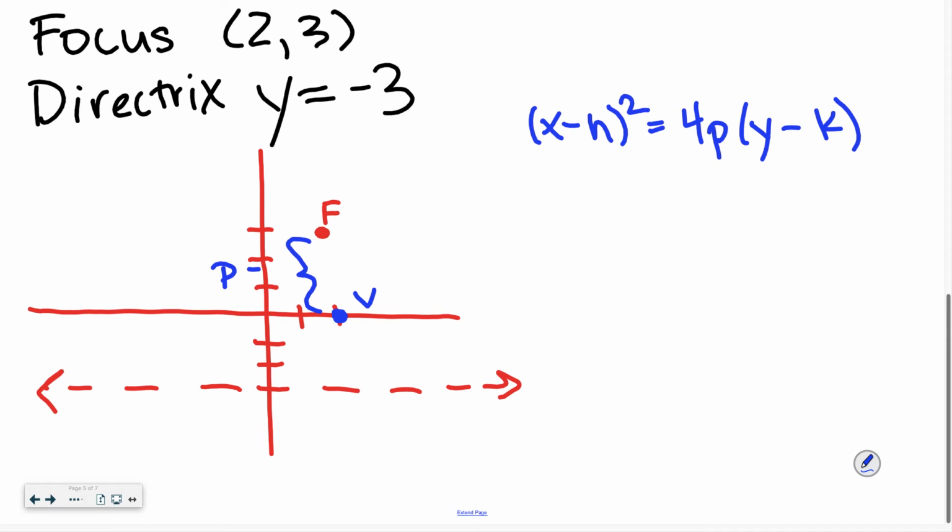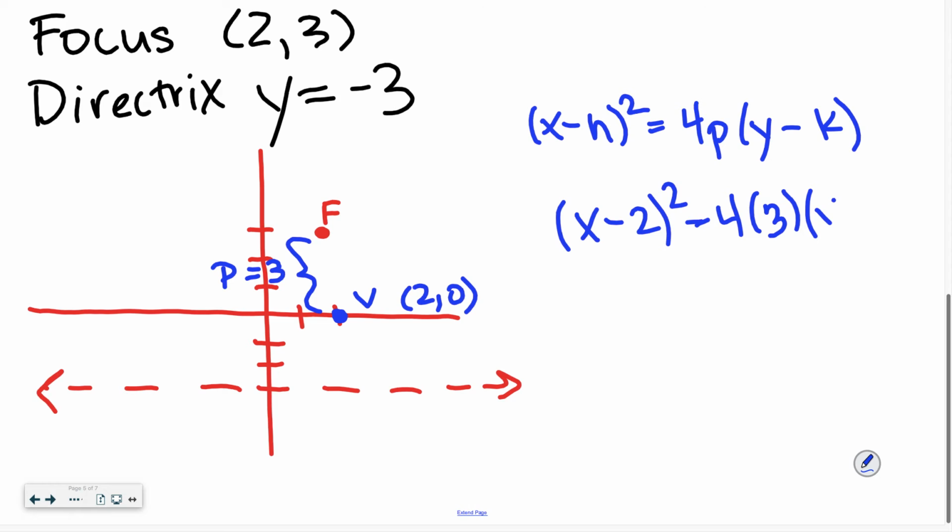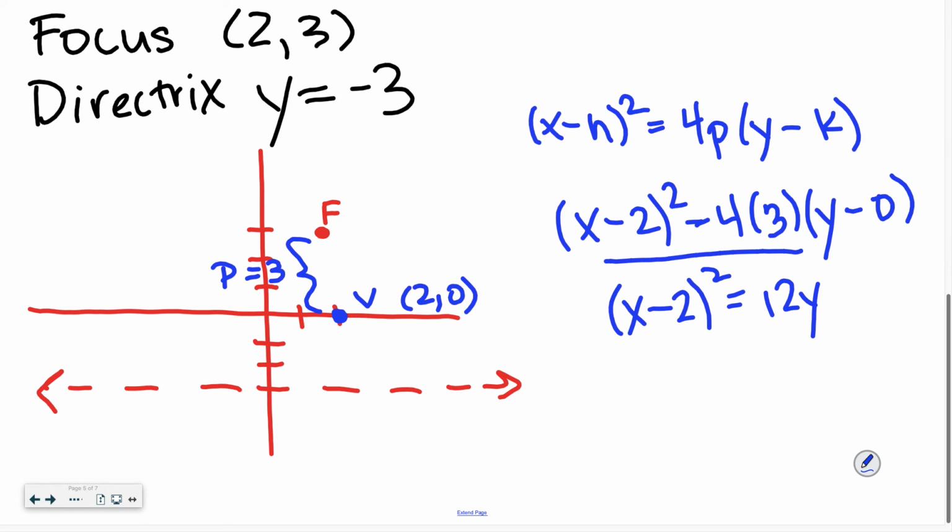So p is 3, and now our vertex we can identify as the coordinate (2, 0). So we have the equation (x minus 2) squared equals 12y.